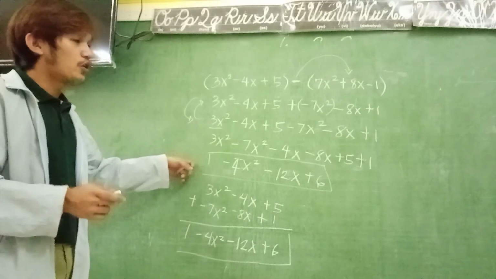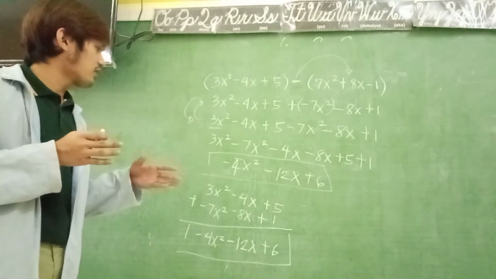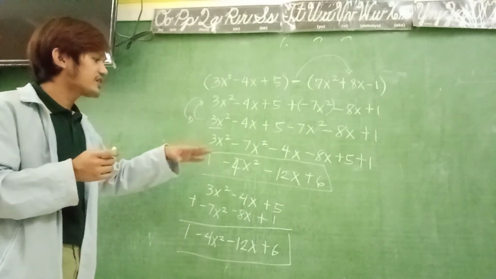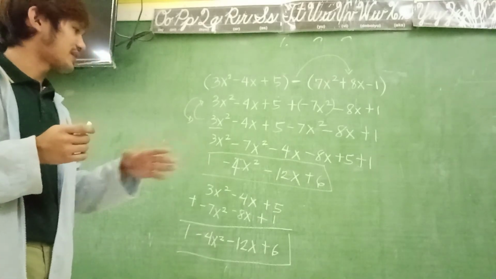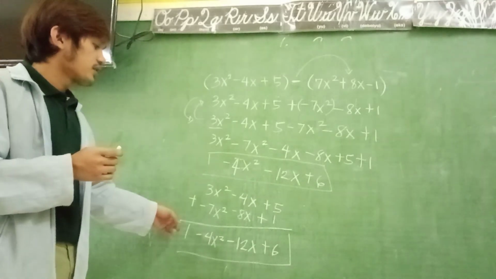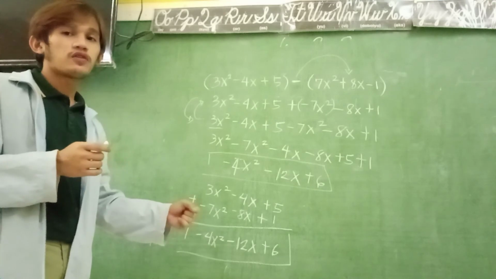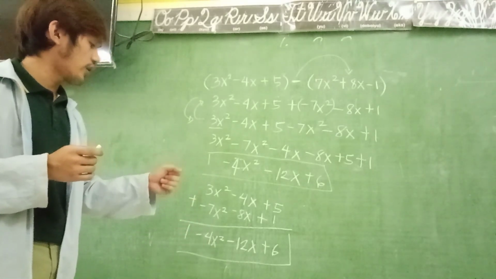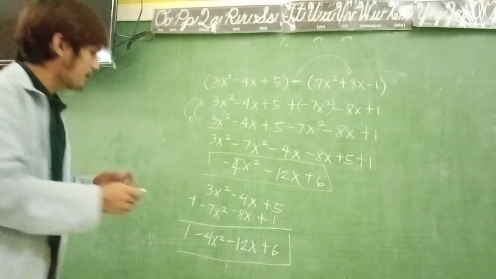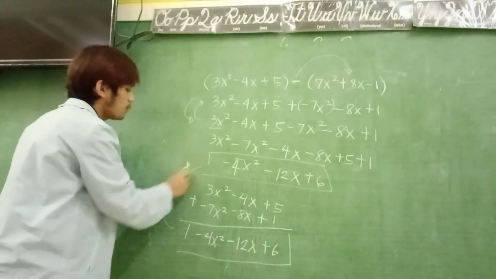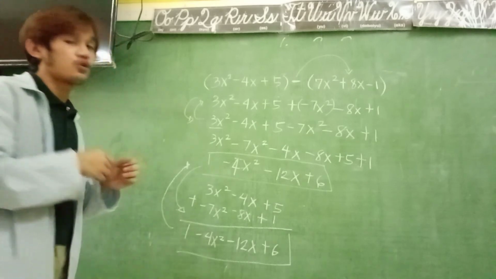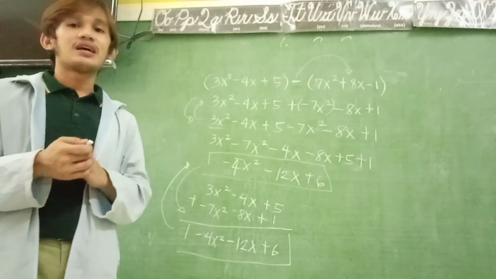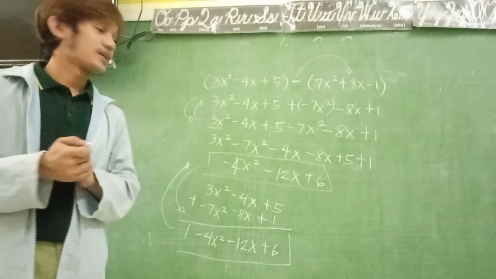So, using the horizontal method, we have negative 4x squared minus 12x plus 6. And using the vertical method, we have the difference negative 4x squared minus 12x plus 6 din. So, regardless of what method you use, parehas lang siya ng magiging sagot.